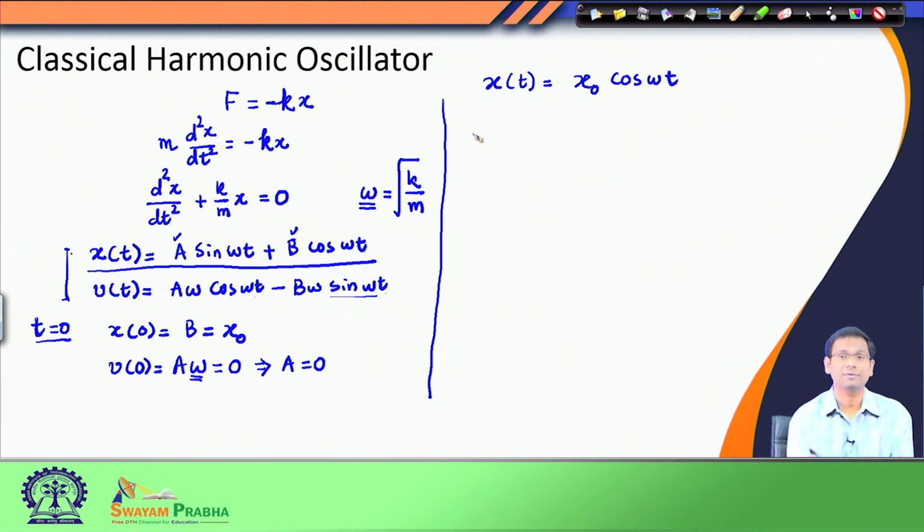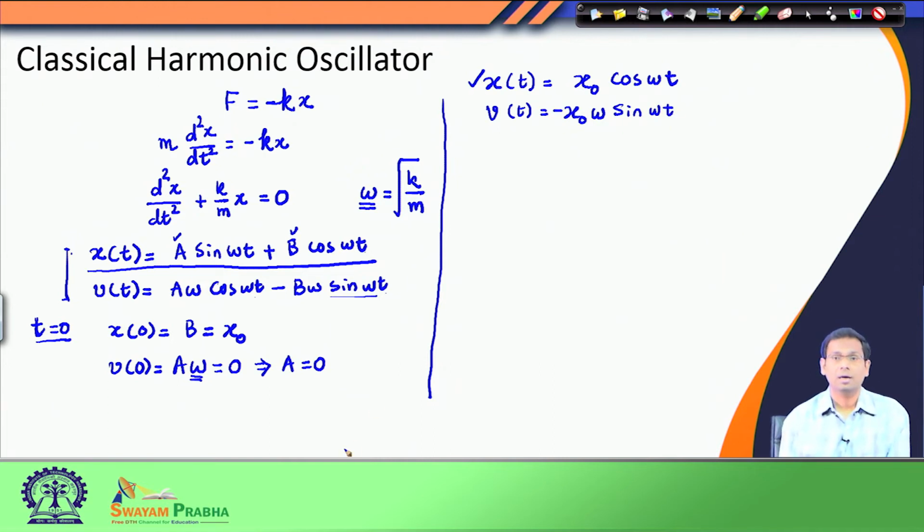This is the general definition of the position that I get for a classical harmonic oscillator. And what about v? v at any time t: in this equation a is 0, so this term vanishes, and I am left with, sorry, there is a minus sign, minus x 0 omega sin omega t.